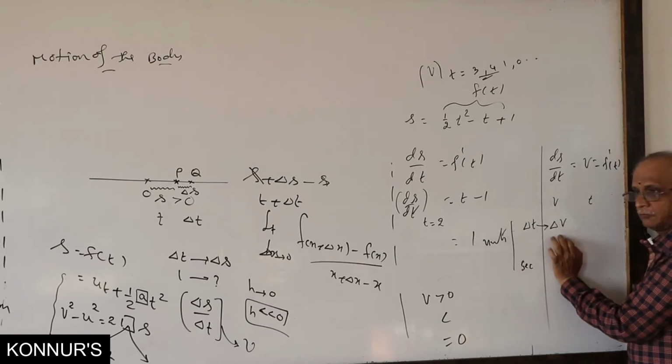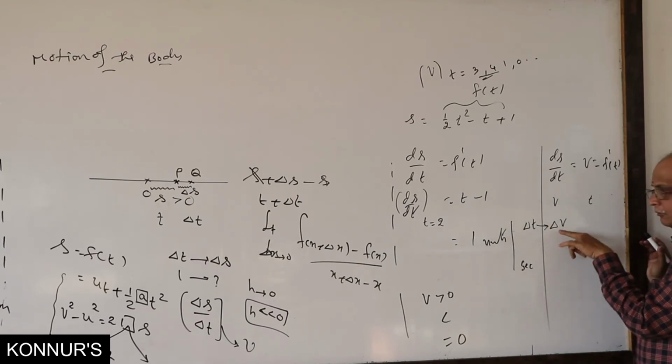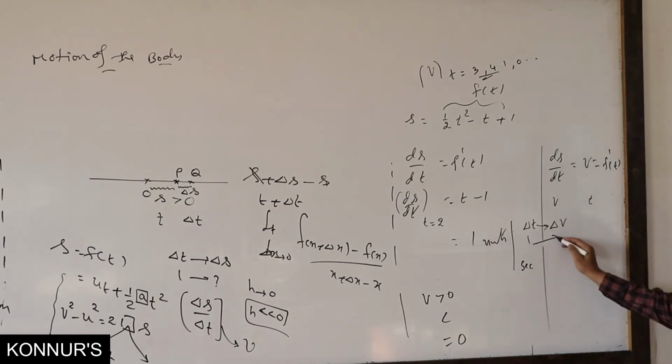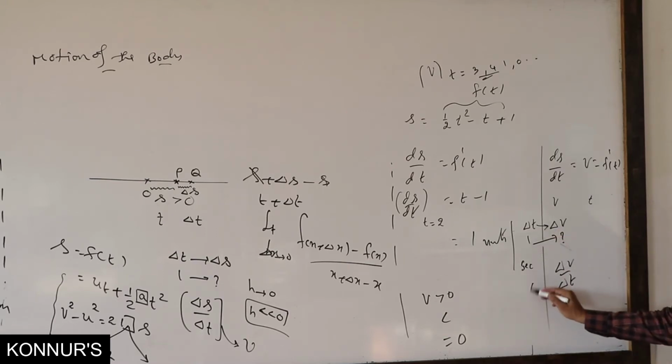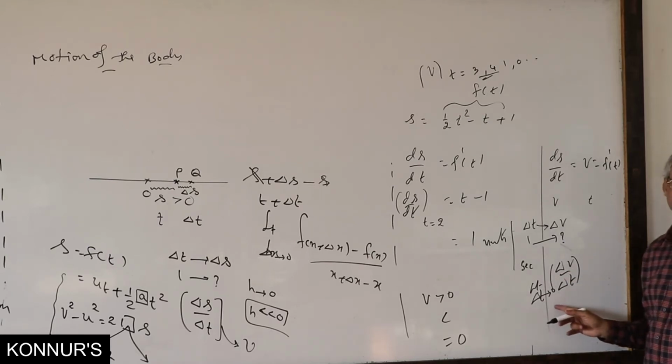In general, delta v is called the change in the velocity. For 1 unit, we are talking about the rate of change of velocity: delta v by delta t, as the limit delta t, which is negligible, tends to 0. Then this ratio is the rate of change of velocity.